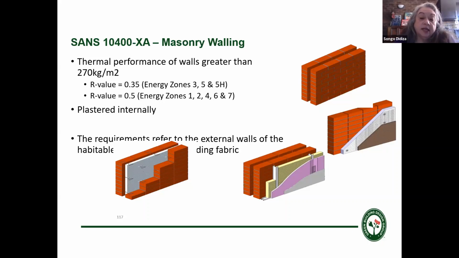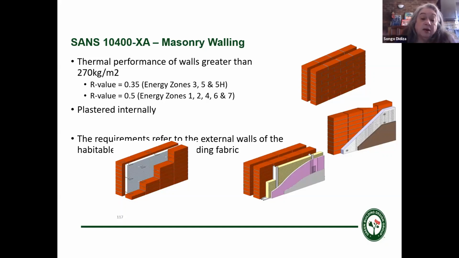It's a polystyrene insulation and a screed on it. You can still get the R value of 0.5 with the single brick wall plus insulation on the outside with a screed. The other one shows you an internal lining that you can do with insulation and plasterboard.